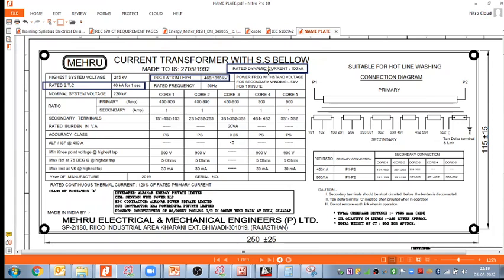How much peak short circuit current it can withstand. This peak current has two components: one is the peak value, plus the DC component also. I will calculate the 2.5 factor and then show you. But that is the significance: how much peak short circuit current this equipment can withstand without failure. That is why dynamic current is also required on the rating plate, not only the RMS current. Okay, this 5 kilovolt is also clear to everyone.